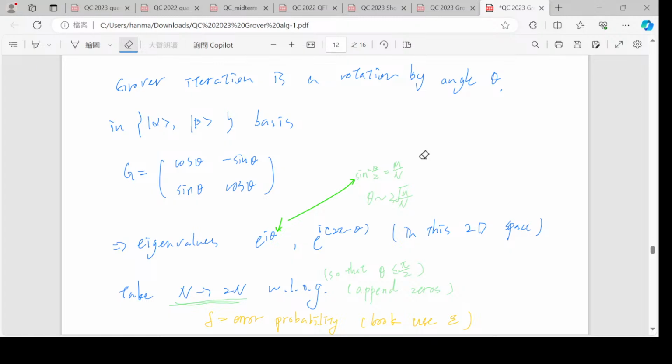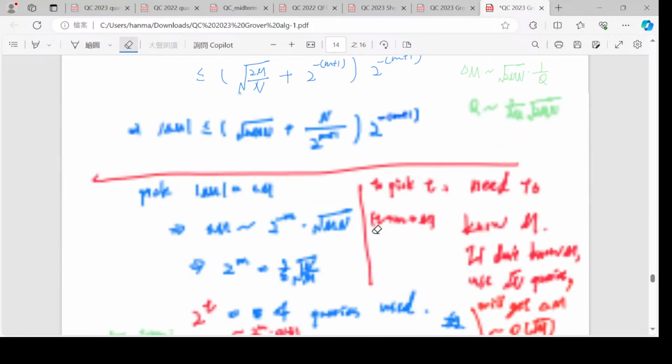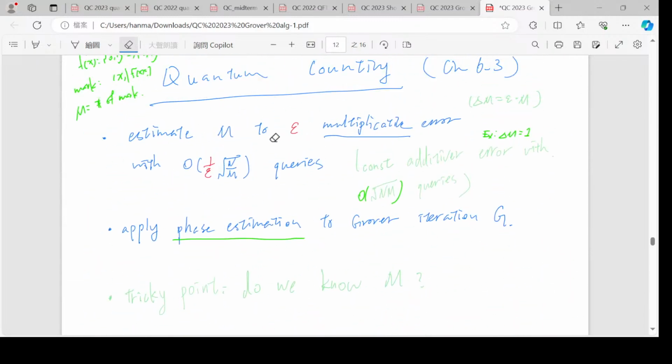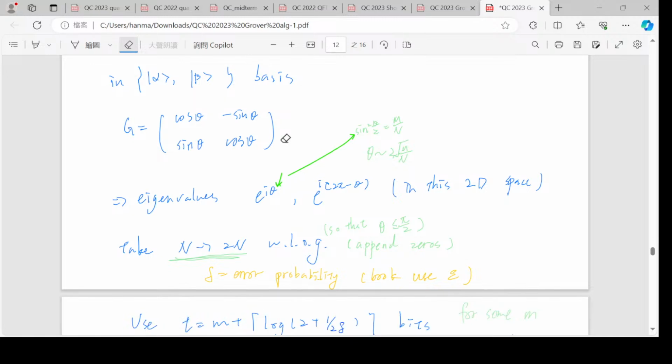And what are all those calculations about? All those calculations are about how to deal with epsilon, that is, calculating what kind of error you have in your phase estimation. When we do phase estimation, it is not perfect, so you have some error delta theta.